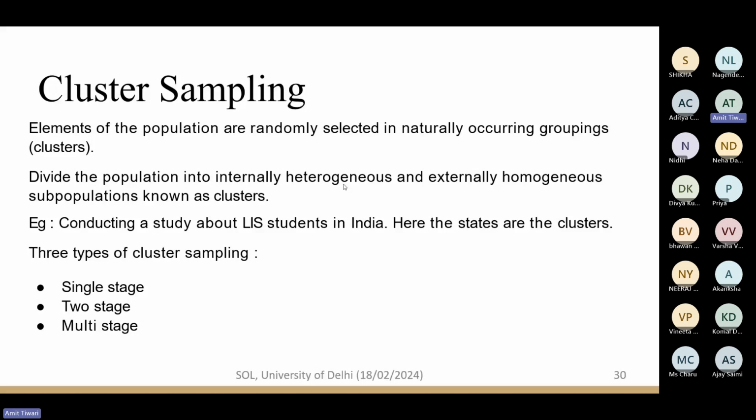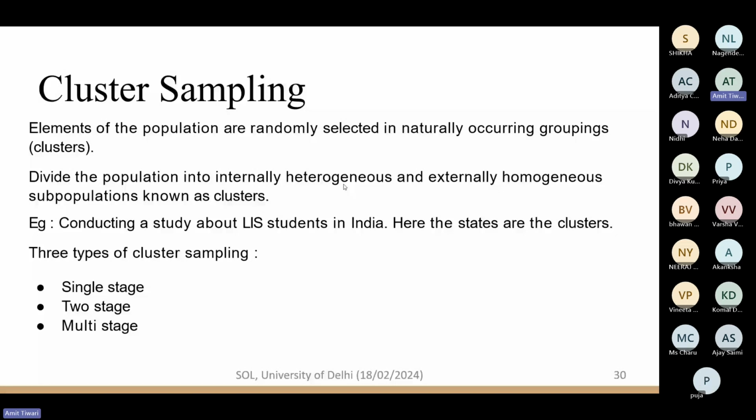From the top level you can see that it is externally homogeneous but internally heterogeneous. They are from different places, different colleges, different institutions. Their nature will be heterogeneous only.